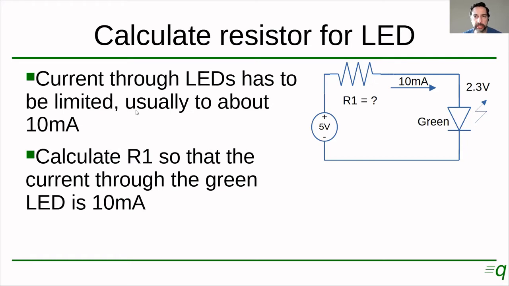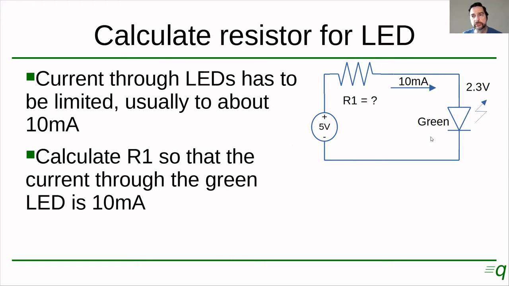If you put 20 milliamps, it's going to turn on fairly bright. If you put 50 milliamps through an LED, you may be damaging it. So 10 milliamps, again, you can check the data sheet to see what the manufacturer recommends for current, but 10 milliamps is a fairly universal value.